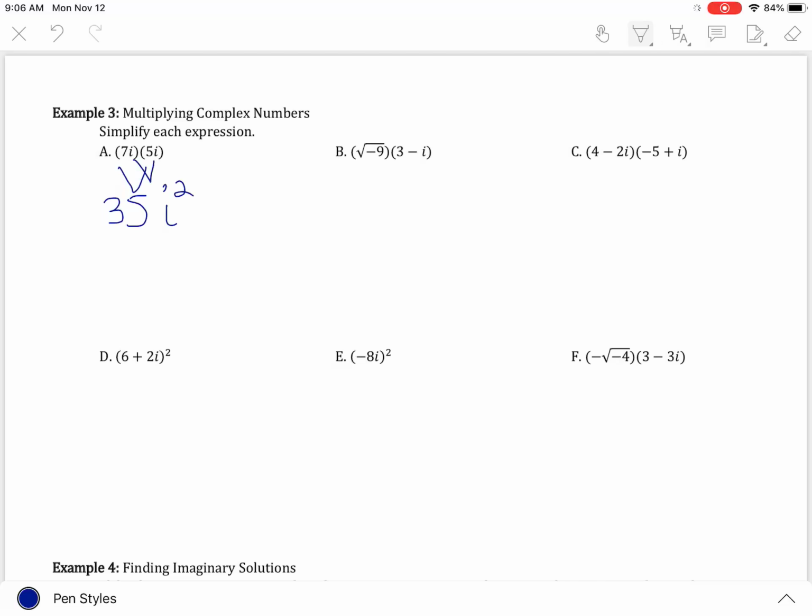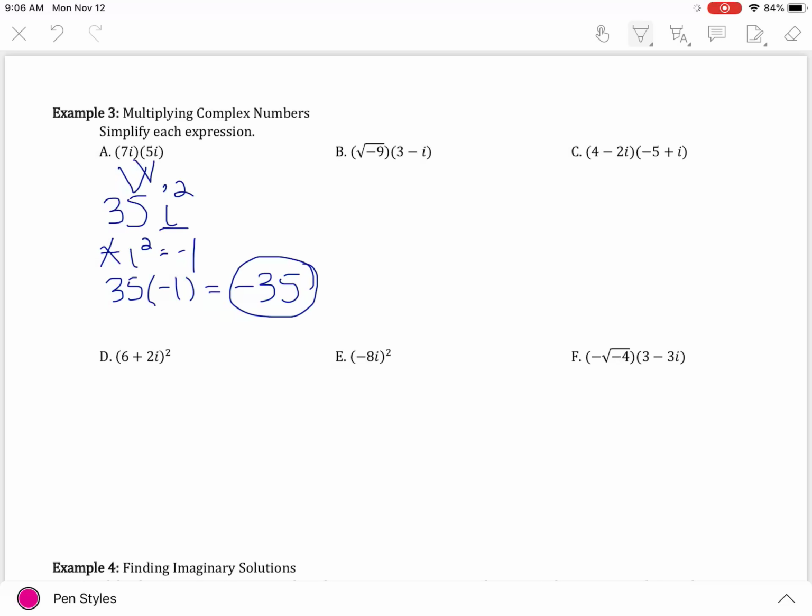Remember from the front side, that i squared equals a negative 1. So your answer at the moment is going to be 35 times a negative 1, which we know is a negative 35. So letter A's final answer is actually a negative 35.